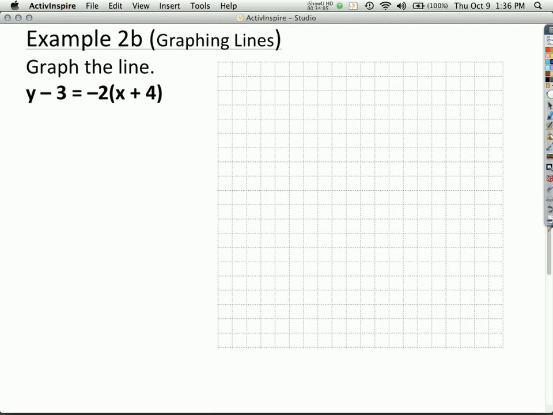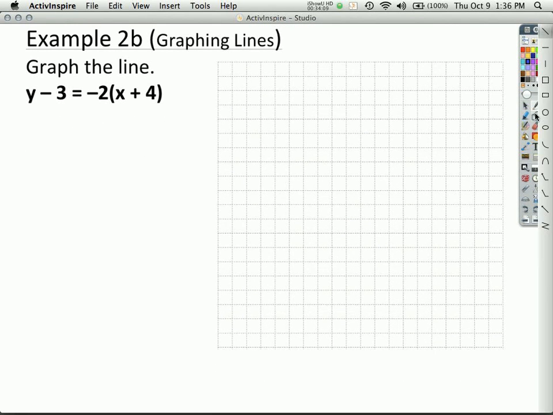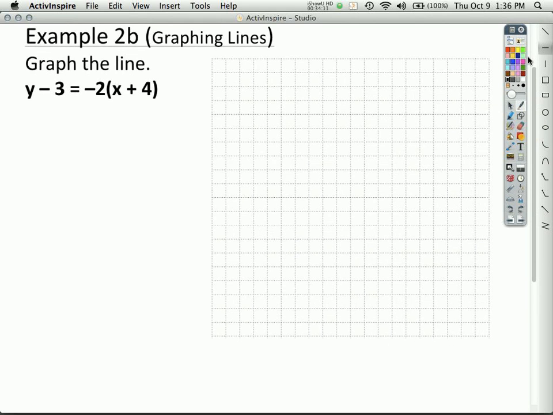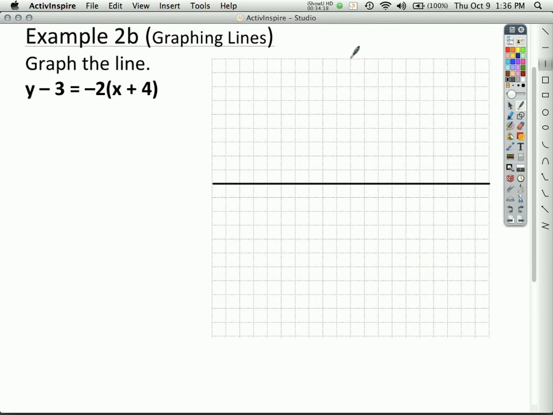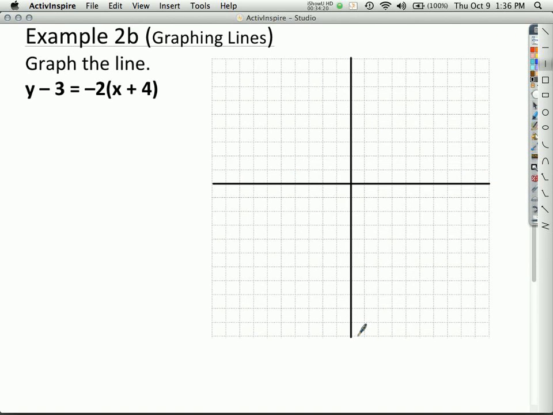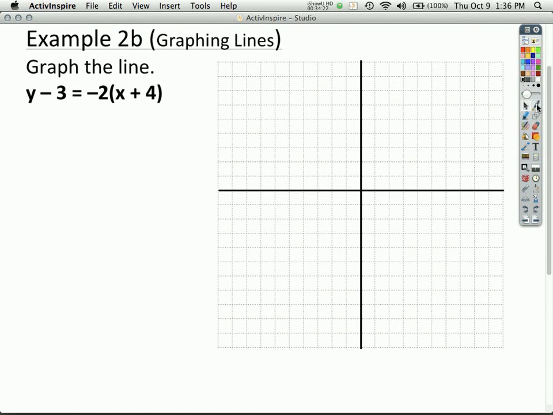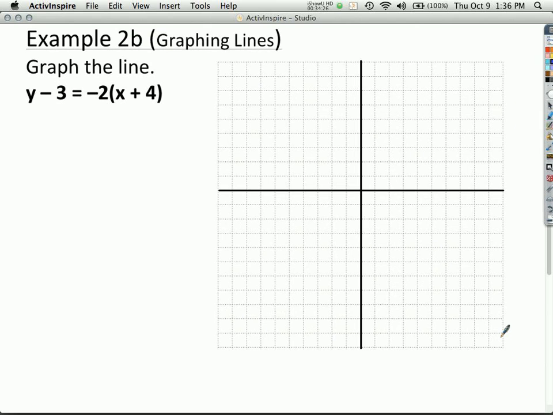Graphing from point-slope form. Again, we need a grid. Just give you a moment to set up a grid.